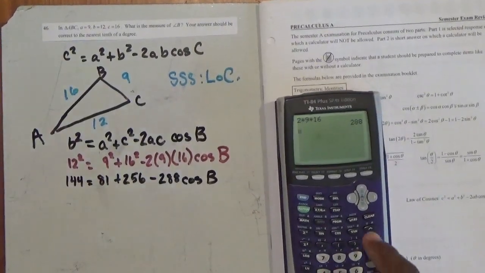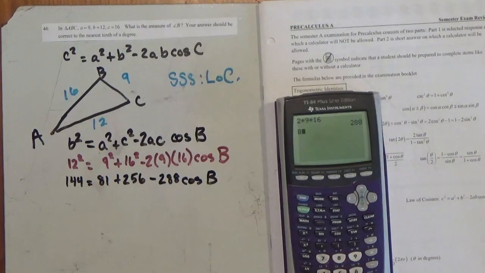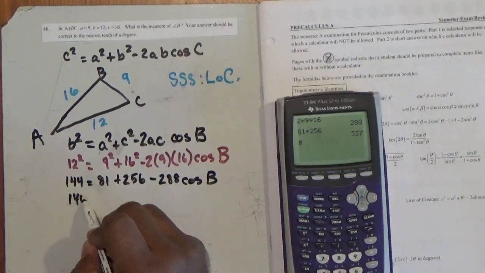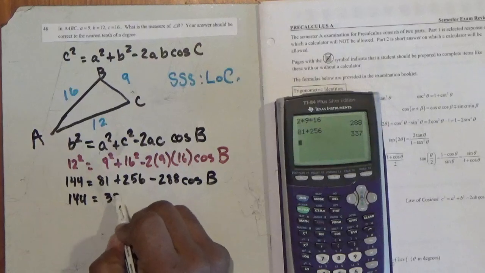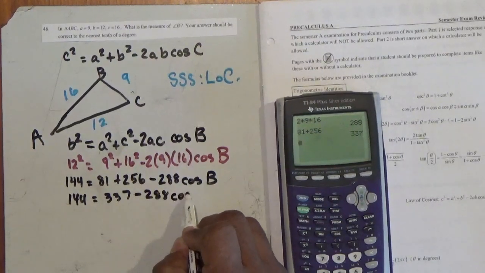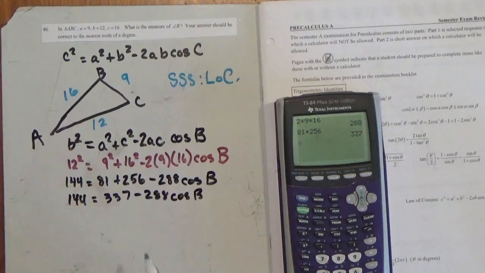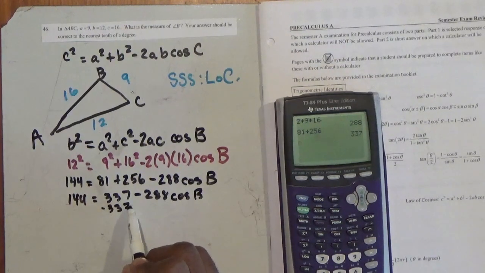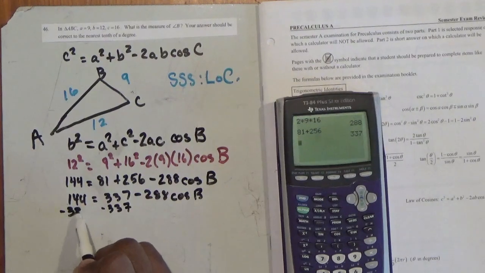Alright, let's see, 81 plus 256 gives us 337, so we have 144 is equal to 337 minus 288 cosine B. I'm going to subtract 337 from both sides.